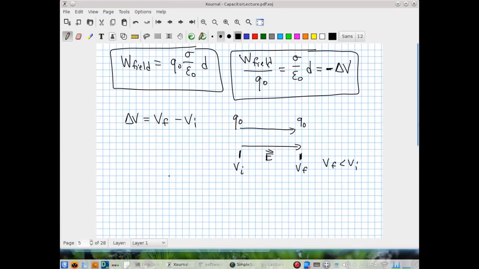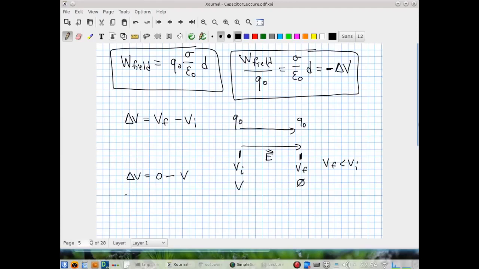We can decide where we're going to set the zero of electric potential in our system, and it's probably convenient to choose this one to be 0 because it is the final position that we wind up at, and it's supposed to be the lowest potential point in the system. We've crossed the gap, we're on the other side of the electric field, that ends the electric field, and so that should also be the point where we reach our lowest electric potential. So let's call that 0. Then delta V is equal to 0 minus whatever the potential was on the other side, which we'll just call V. So we'll call the initial potential V.